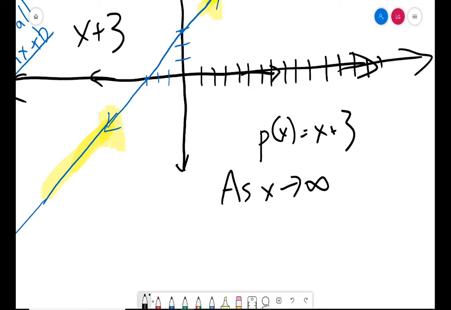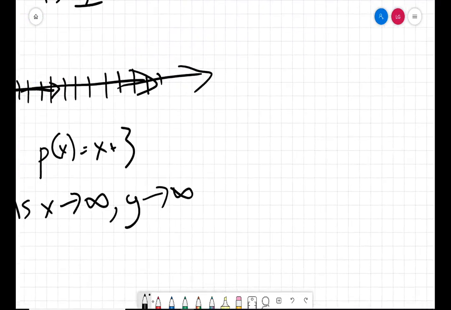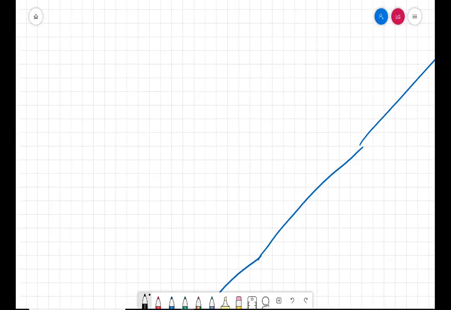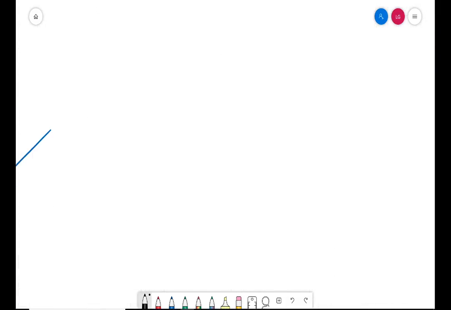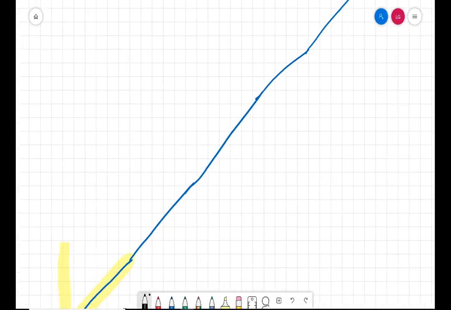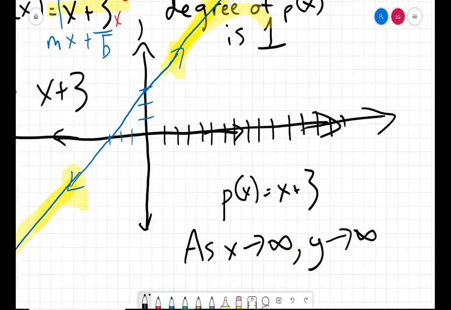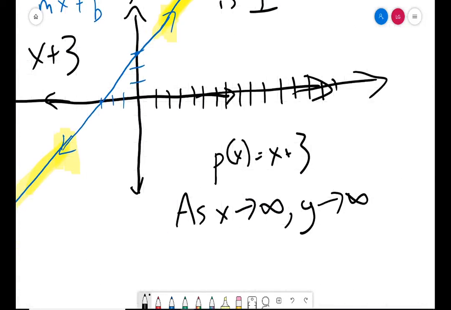What if it just keeps going out? What happens to y? Well, we know, go up for this line. So as x goes right to positive infinity, far out to the right, y goes up, far up, right? So it keeps going, going, going. So as x goes to the right, y goes up.